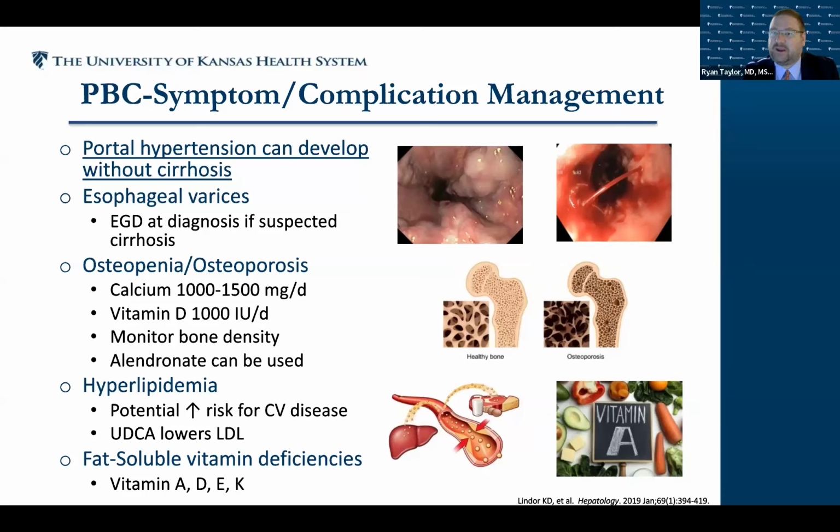This has to do with the malabsorption of fat-soluble vitamins, specifically vitamin D. So I might be one of the bigger orderers of bone densities in the health system, because following these patients and keeping track of their bone health with cirrhosis and with PBC, that we do check that on a regular basis. And so that is something that we follow quite frequently.